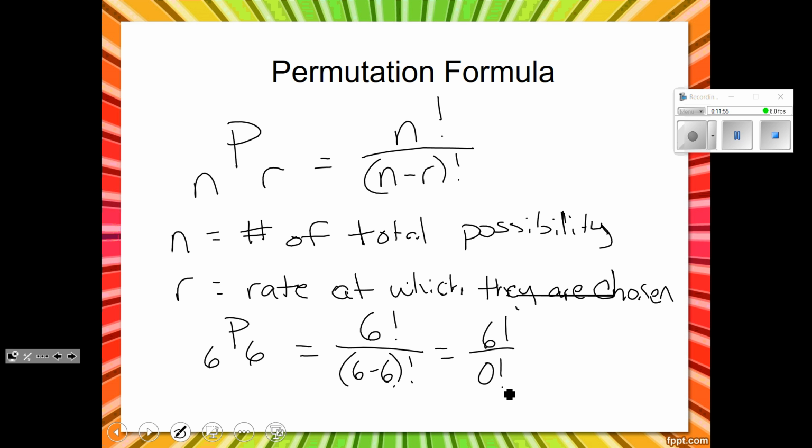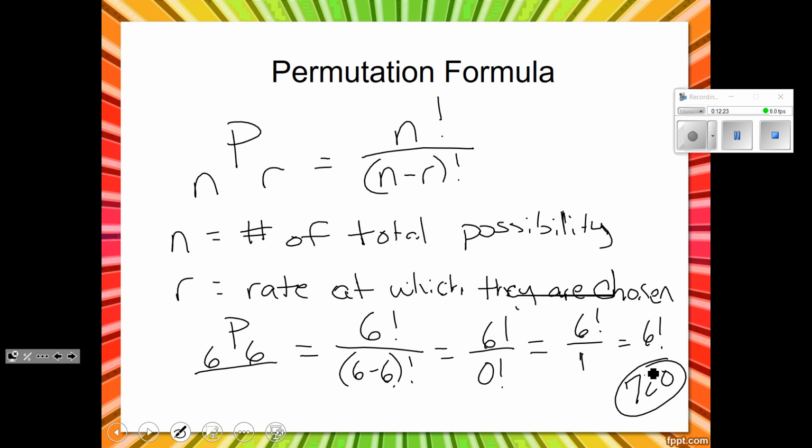You never multiply by 0. So really, and if you put it in, somebody try to put in 0 factorial and tell me what it's equal to. It's equal to 1. So really, it's 6 factorial divided by 1, and anything divided by 1 is just 6 factorial. And so doesn't that make sense that when we rearranged and I wanted to know the different possibilities, it would just be 6 factorial, which is equal to how much?